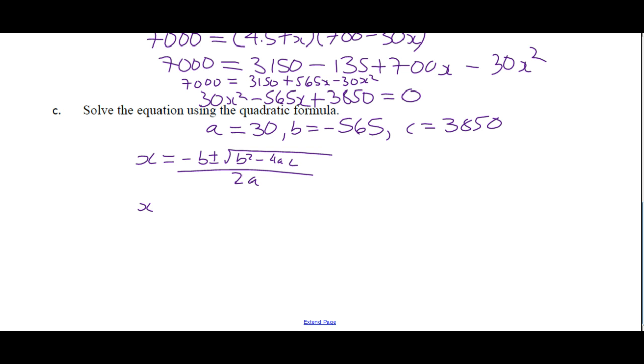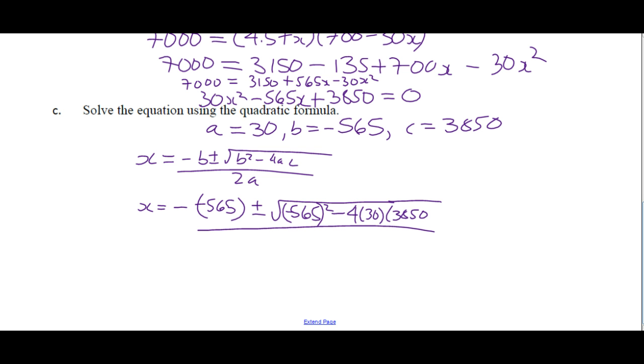Substitute in, so we've got negative 565 plus or minus the square root of negative 565 squared minus 4 times 30 times 3,850, all over 2 times 30.